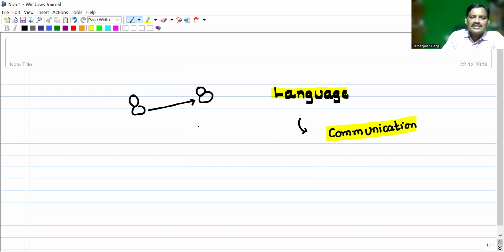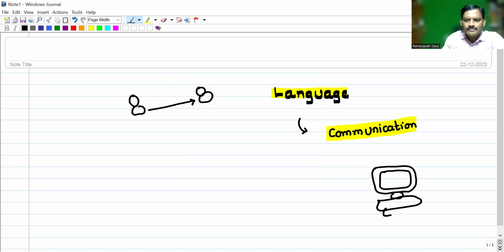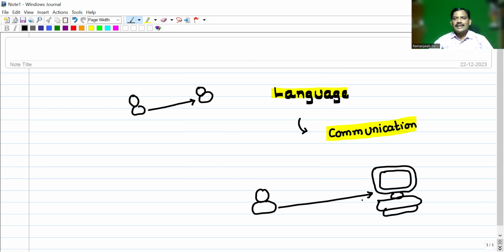But the problem is, here we have a computer. Consider this is a computer, and here we are a user. Is it possible to communicate directly with the computer by using Telugu, English, or Hindi? No. That's why you require a programming language.